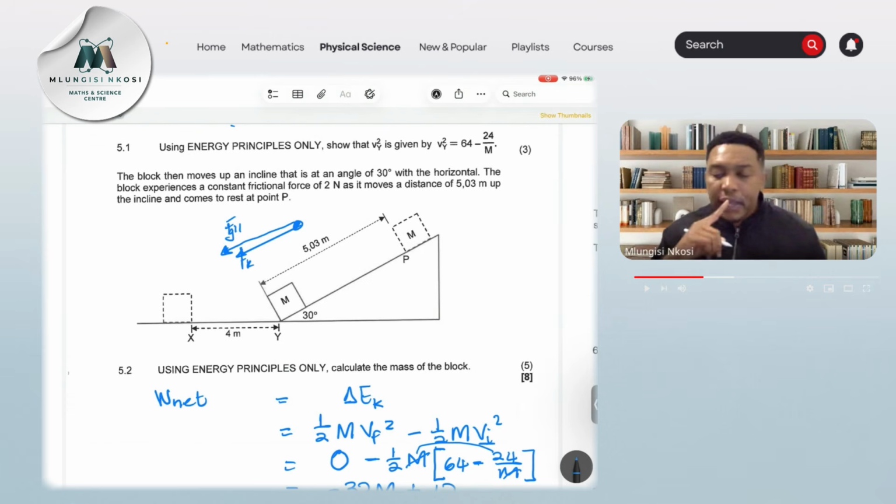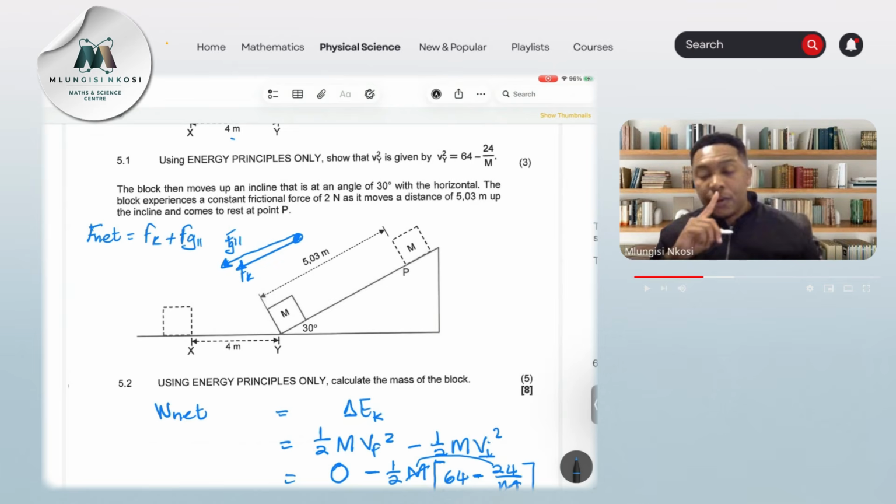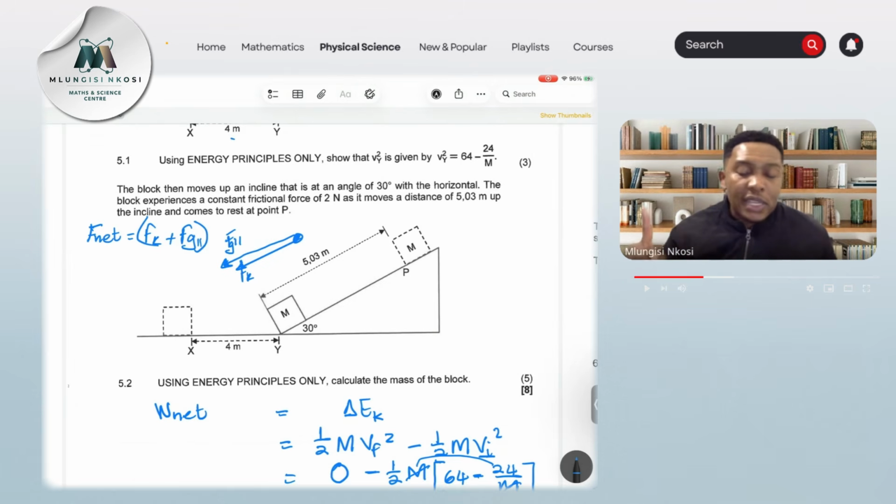Now, remember what they also told us in this case, that there's a frictional force of 2 newtons. So when I'm looking at the net force, it is going to be friction plus the parallel component of gravity. What we just need to keep in mind is that I'm going to take the vector sum of them, but remember they're opposing the direction of motion.